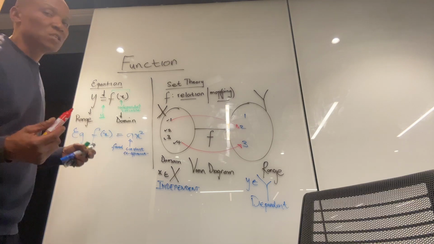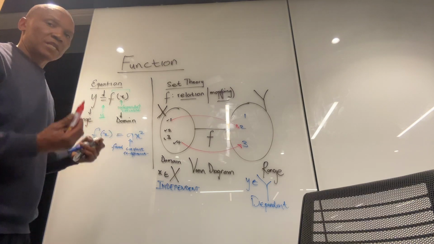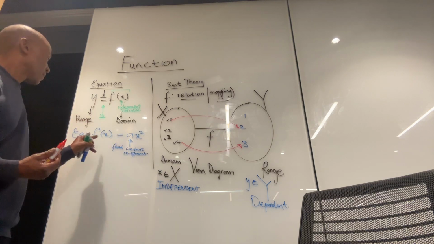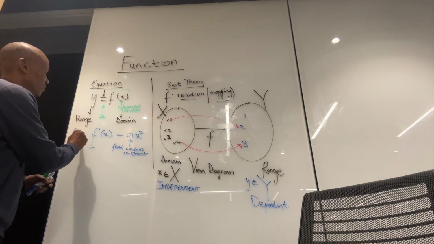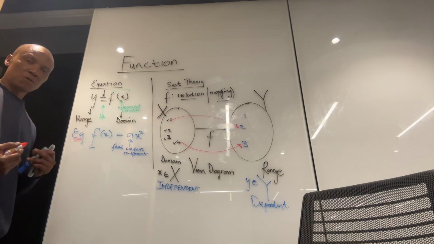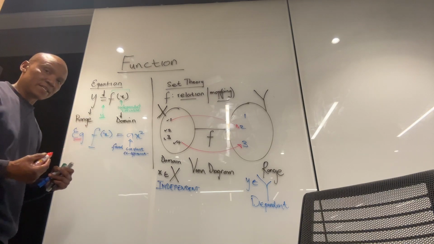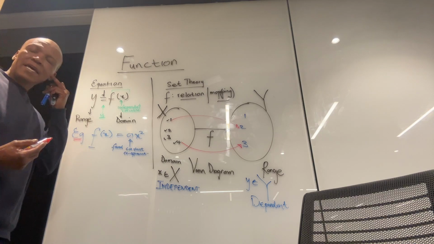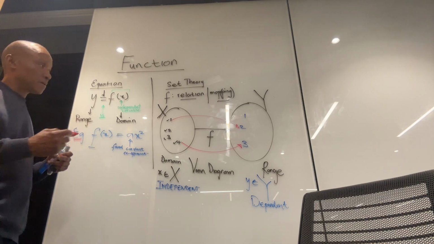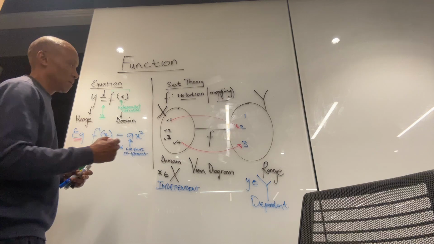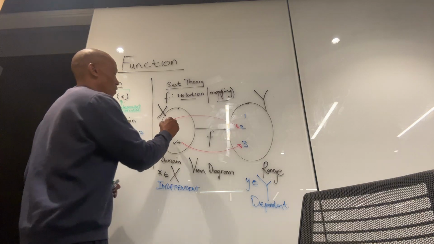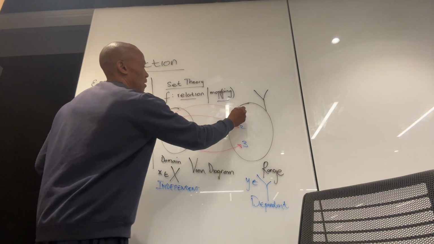But we are not here to discuss the prescription of f. This will be a prescription of f as an example. I'm just showing you the word relation or mapping, right? Or we can say, oh, 2 is related to 1.